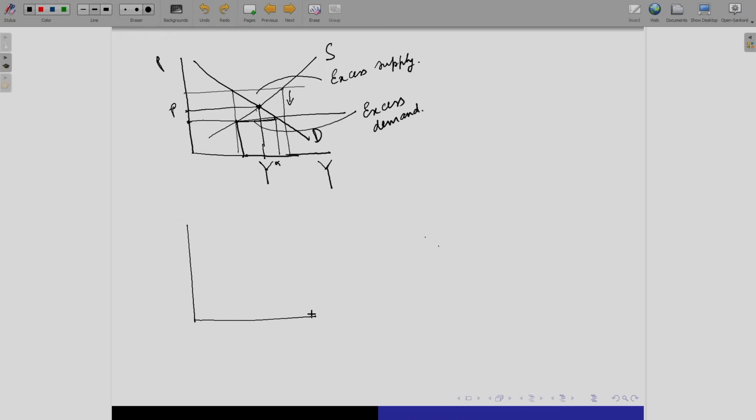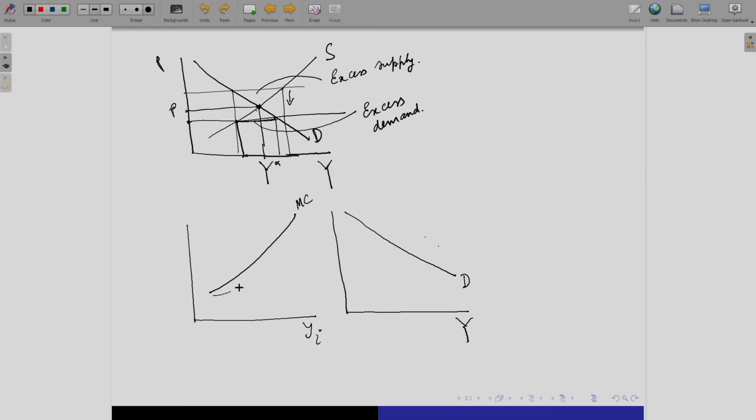So suppose we take any firm i, and all the firms are identical. Suppose this is the market demand curve. Okay. Suppose the marginal cost curve is of this nature.